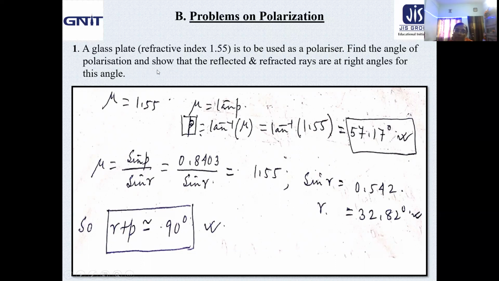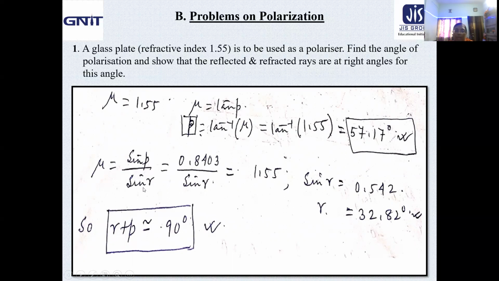Next part is very important. You have to show the reflected and refracted rays are at right angles for this angle, not using the diagram, from the data given, you have to show it. Now, mu equal to sine p by sine r according to Snell's law of refraction. Here in place of i, we are using the polarizing angle because it is given like that.